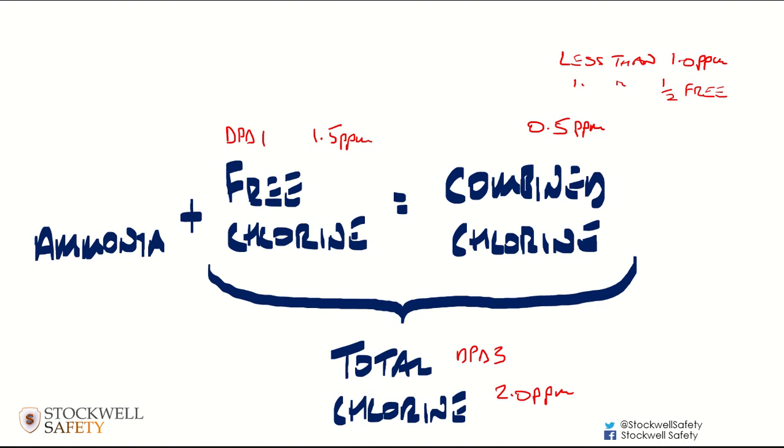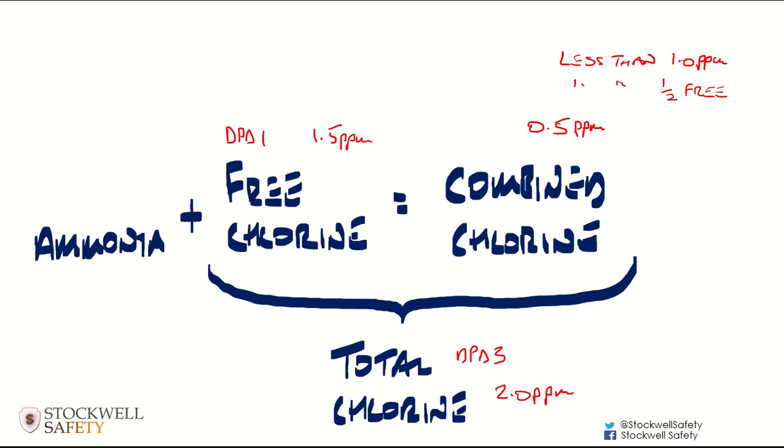Because what will tend to happen is free chlorine will go through that process of becoming combined chlorine. So if you just keep chucking more and more free chlorine in, if there's ammonia in the pool, then that free chlorine is going to combine with that ammonia, and you're going to end up with elevated levels of combined chlorine, not necessarily free chlorine.